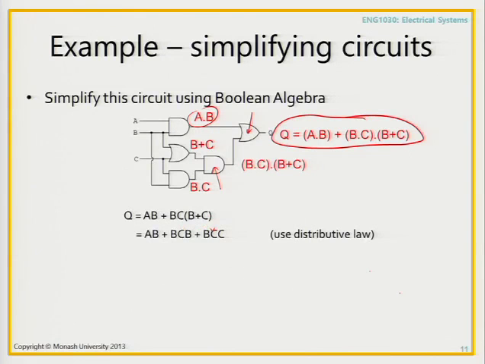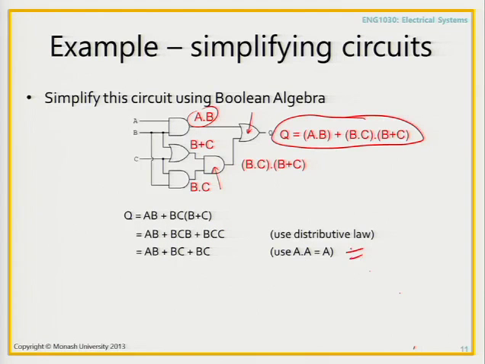Then, using the fact that A times A is just equal to A, C times C is just equal to C, and B times B is just equal to B. So you're getting rid of variables that we don't need. We're doing algebraic simplification, so we're really collecting up the terms there.